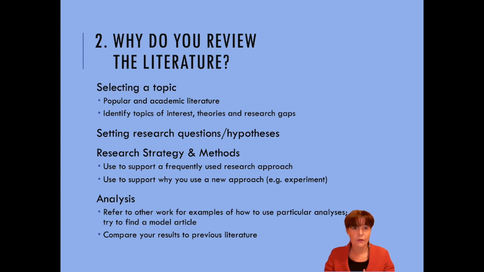You might identify some topics that are of interest to you, and in that process, you might also identify some theories and what we call research gaps, areas that have not been studied yet. From those, you end up formulating research questions and possibly even hypotheses if you're doing more quantitatively oriented research.